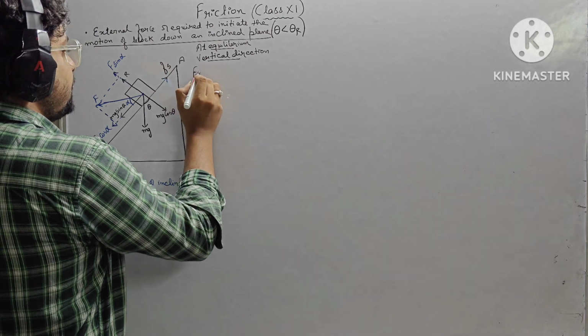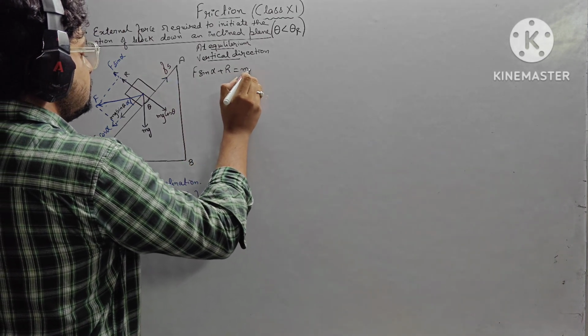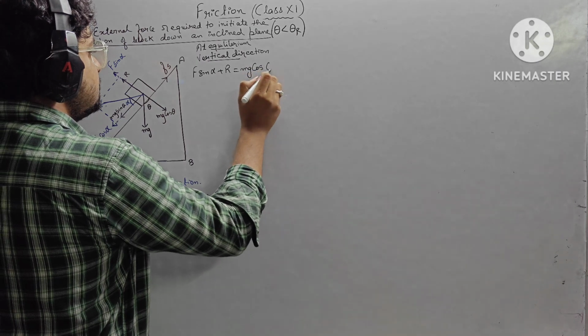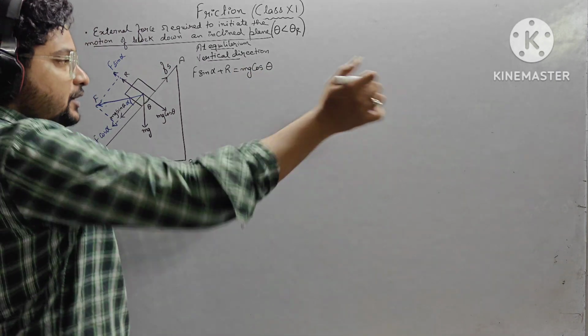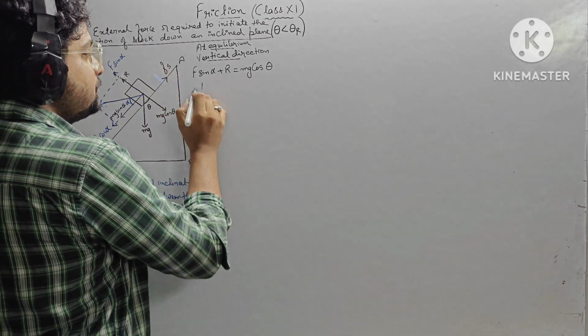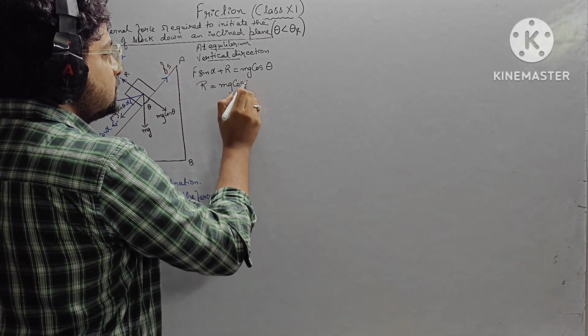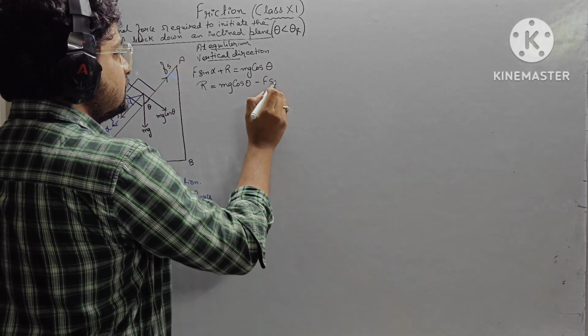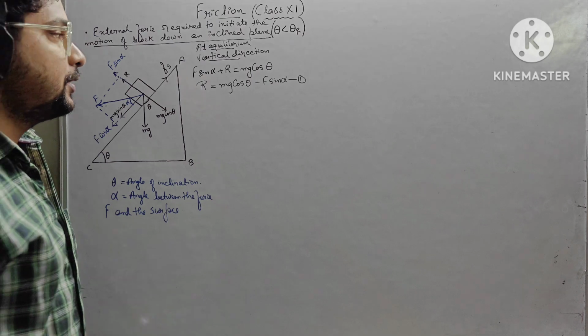So we can write F sin alpha plus R is equal to mg cos theta. Okay, no problem. From here we can find out R. So R will be equal to mg cos theta minus F sin alpha. So this is your equation 1.